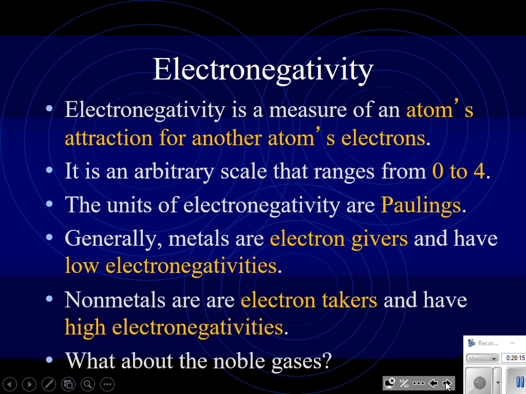What about noble gases? Do they want to attract electrons? So would you think their electronegativity would be big? No, we wouldn't think so, because they do not want to attract electrons.